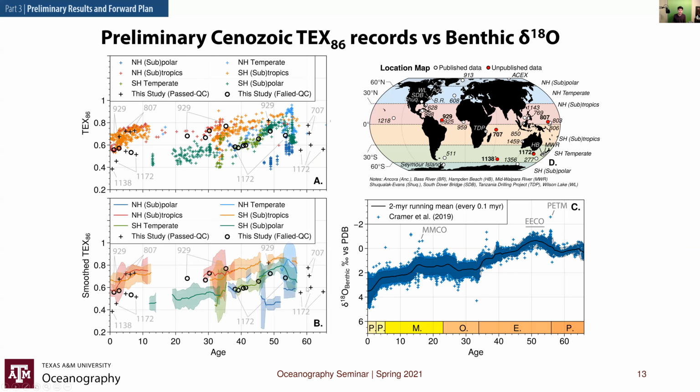To do that, we have to smooth the data, because benthic delta 18O were collected with different locations and different time steps compared to the TEX86 data. So we have to do running mean curves for the TEX86 data and the benthic delta 18O in order to compare them at the same time step.